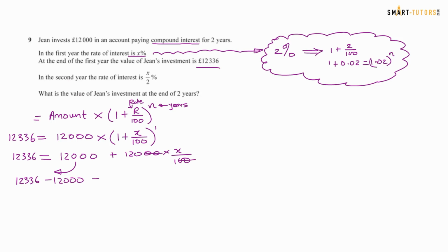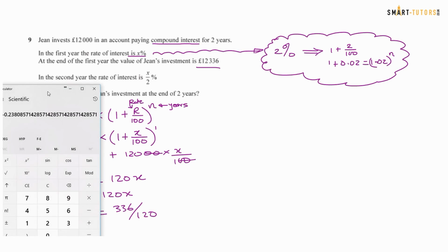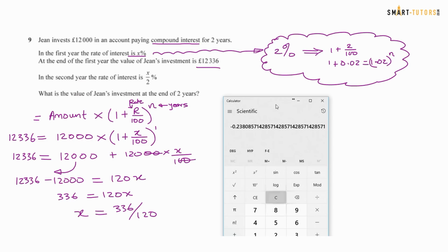So 12,336, take this 12,000 to the other side. 12,336 take away 12,000 equals 120x. So 336 equals 120x. So x equals 336 divided by 120.